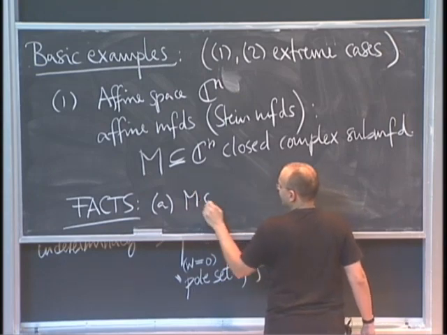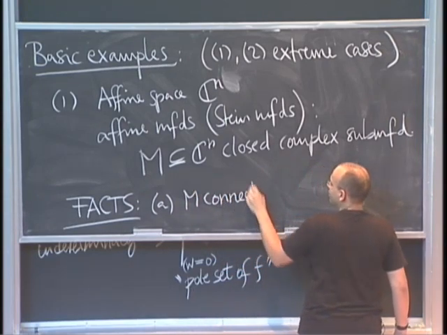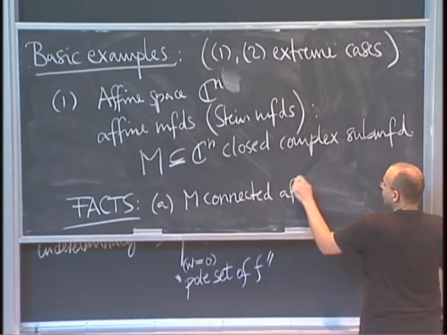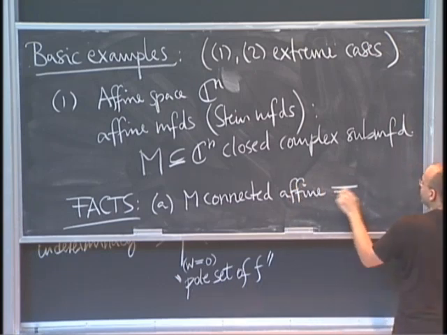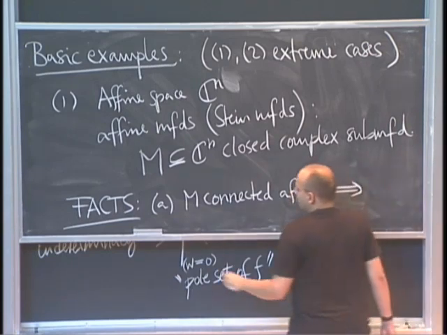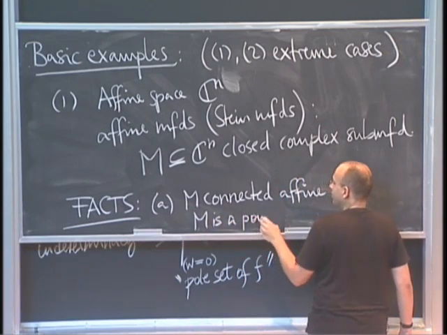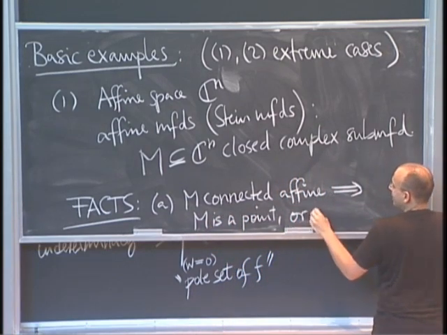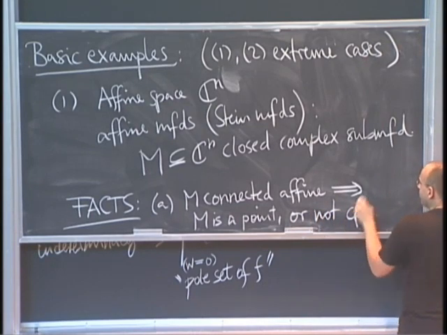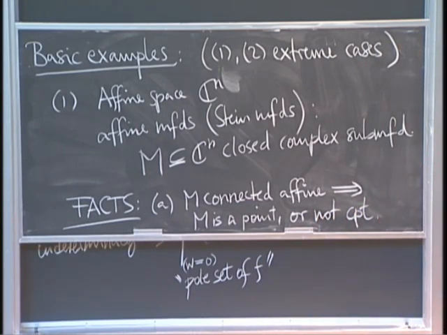If M is connected and affine, then M is a point or not compact. Like Jacob said, there are many ways of proving something like this.